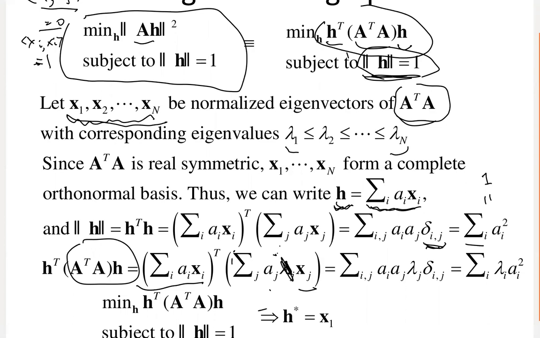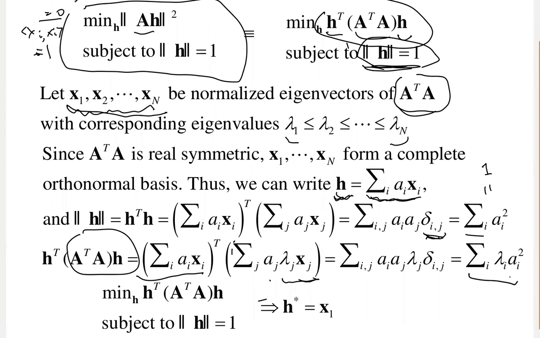If I have A transpose A multiplied by xj, that would be equal to lambda j xj here.